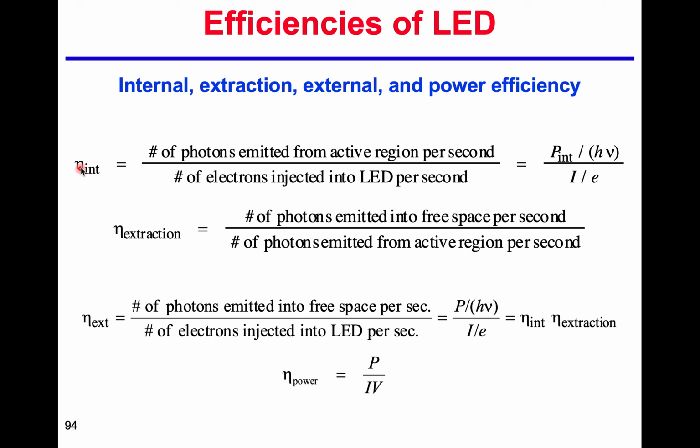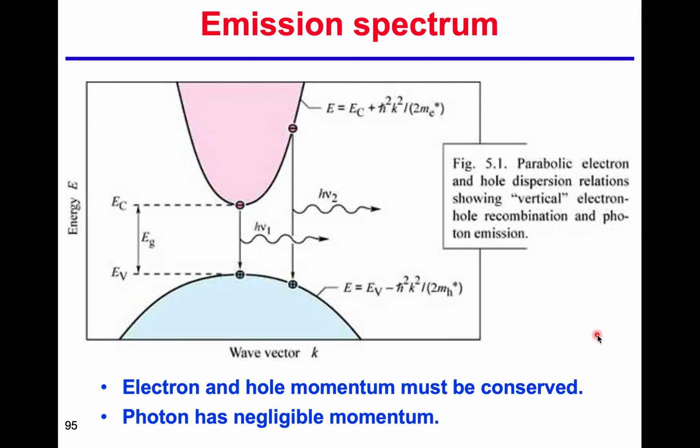But remember that this assumes we can measure the photons inside the LED. Okay, so it's different from the internal and external. That is external to the free space, so actually that is a measurable term. This one is kind of an estimation. So the difference between the internal and external is the light extraction efficiency. Okay, so it's the internal times the extraction efficiency.